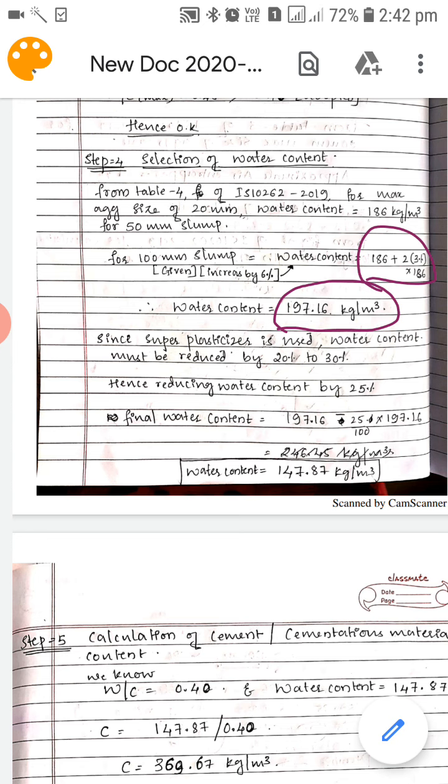Next, here we are using superplasticizer. What are the advantages of adding superplasticizers? They increase the workability and reduce the water content, right? So for using the superplasticizer we have to reduce the water content by 20 to 30%.